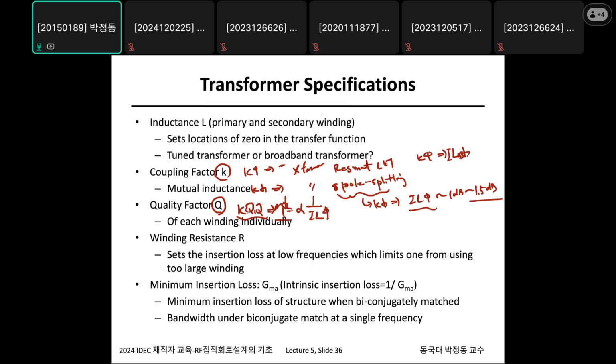In order to reduce the insertion loss, we have to have a high K or high Q1 or high Q2. The winding resistor determines the quality factor. And the minimum insertion loss is calculated from G max, the maximum achievable gain, right?